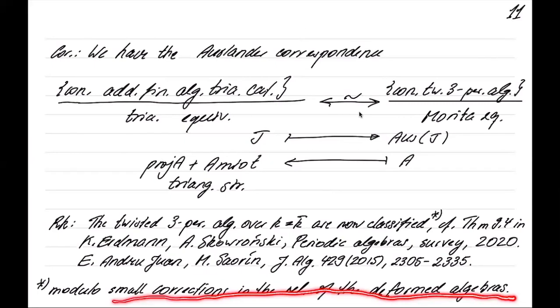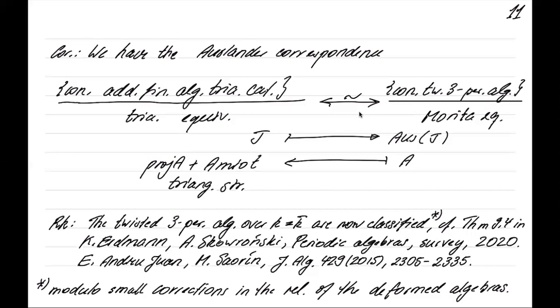So you remember this subtle example where we deform the preprojective relations. This is really hard computational work, but the essential work seems to be done by all the people who have worked on periodic algebras. There are a lot of them, and I'm not able to cite them all.